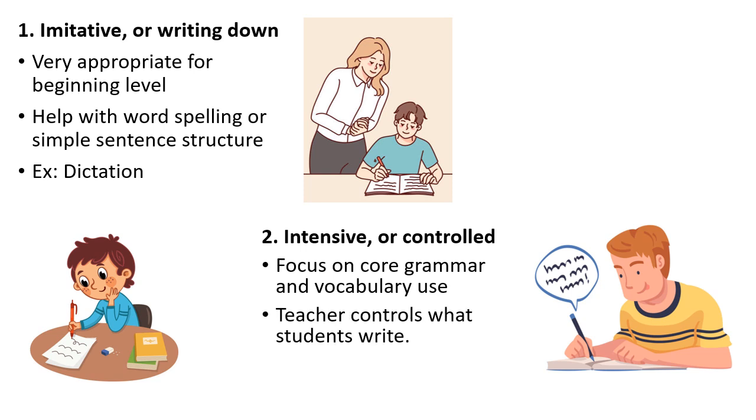For example, you may give students a paragraph with some underlined words or structures, and then students work to replace those underlined words and structures with other synonyms or other tenses, right? But obviously this limits their creativity in the writing because they are controlled. They are working with the materials provided by you as a teacher.